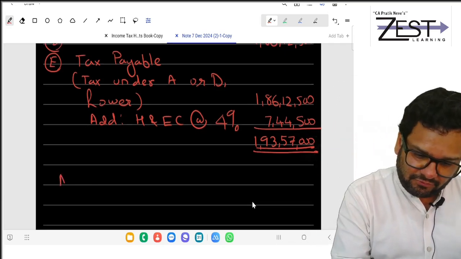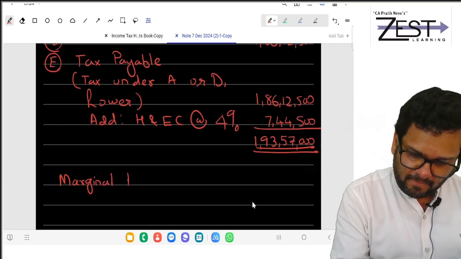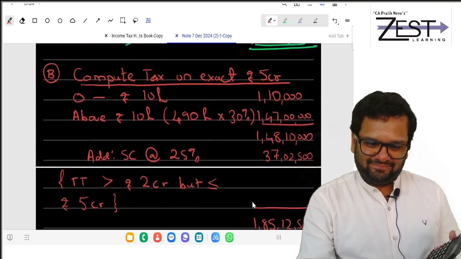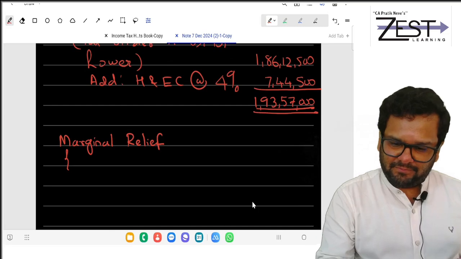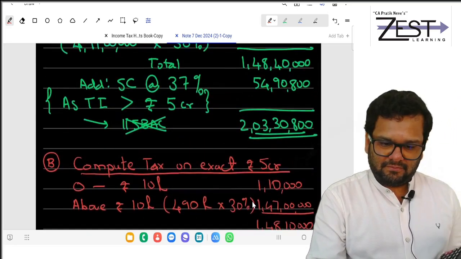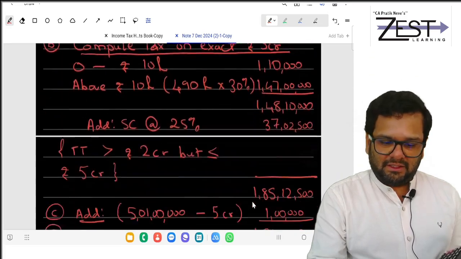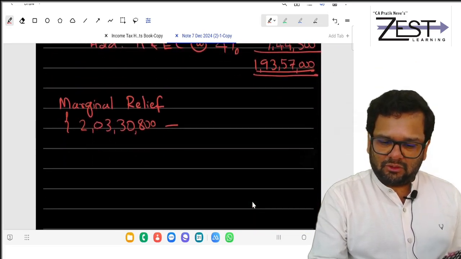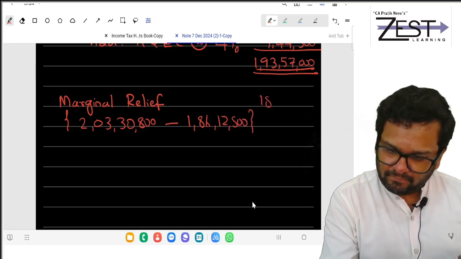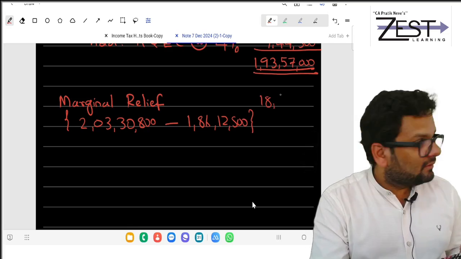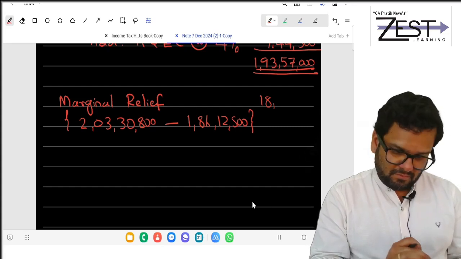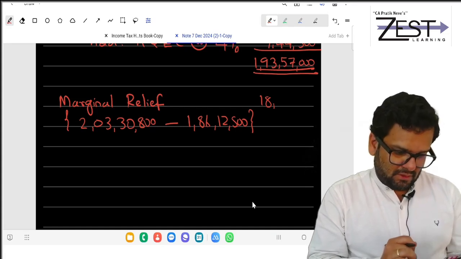You are getting marginal relief. How much marginal relief are you enjoying? 2 crore 3 lakh 30,800 minus 1 crore 86 lakh 12,500. 18 lakh. 17 lakh.